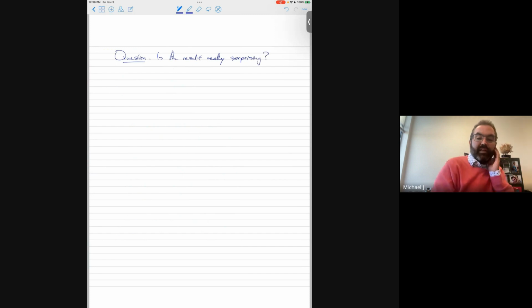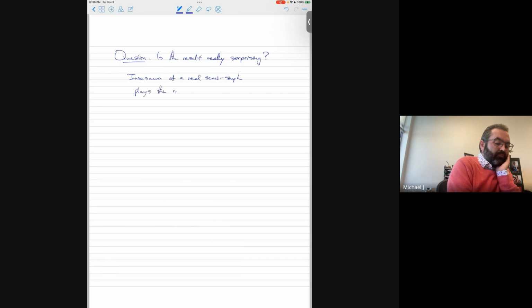And the reason I ask that is, I said that the Iwasawa subalgebra of a real semi-simple plays the role of the Borel subalgebra for a complex semi-simple.